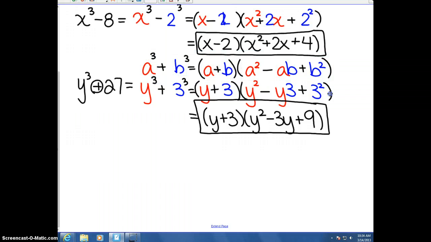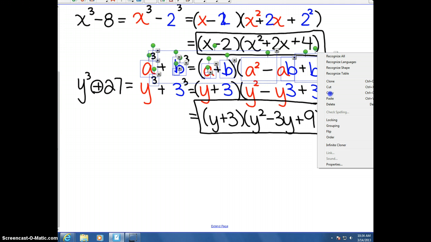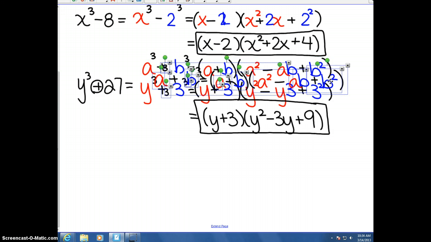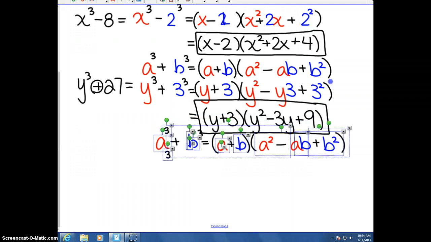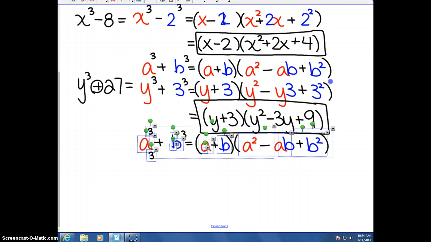Oh, let me not do that. I'm going to clone it. Where'd it go? And then I can bring my clone down here. Okay. Minus that little 3 right there.